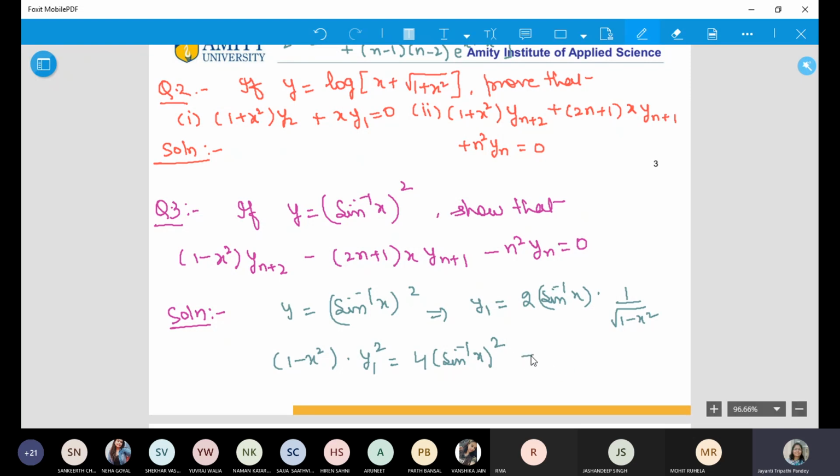And since this is y, we can write it as 4y. So what we have got: 1 minus x square y1 square is equal to 4y. Or I can write it like this, equal to 0. Is this okay or not?